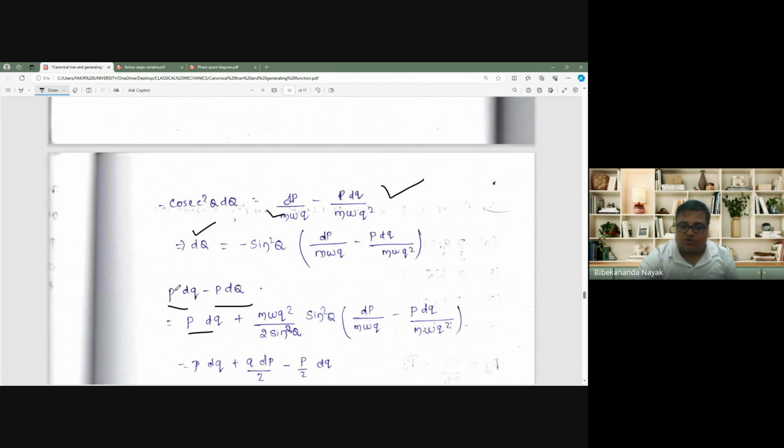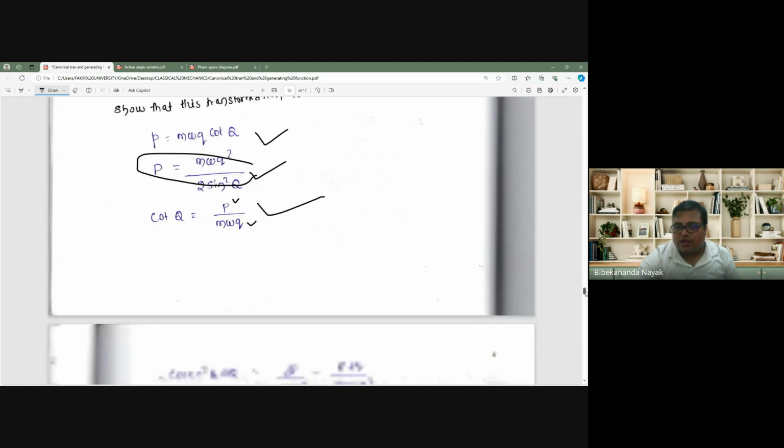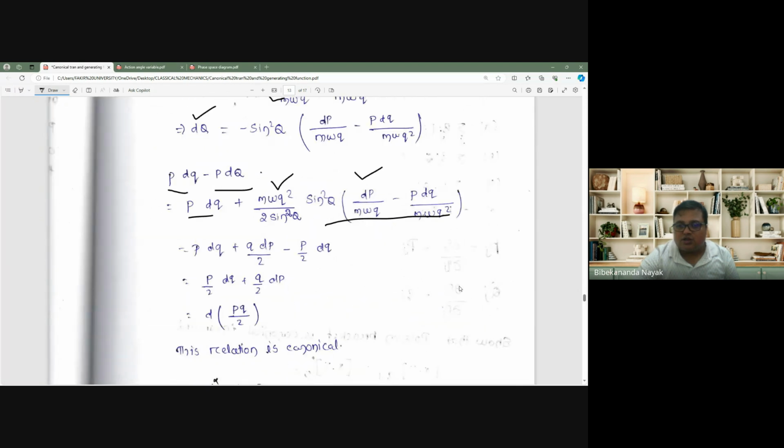We don't want to substitute small values here, so we convert all capital values to small values. Putting in capital P and dQ, we get p dq plus q dp by 2, minus, because sine squared cancels.